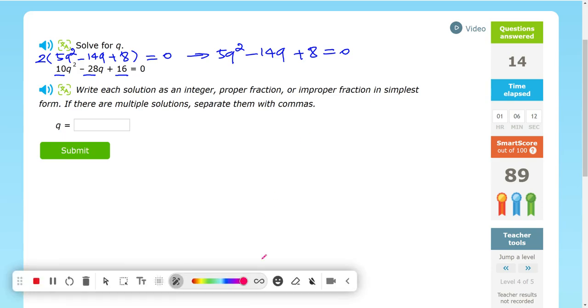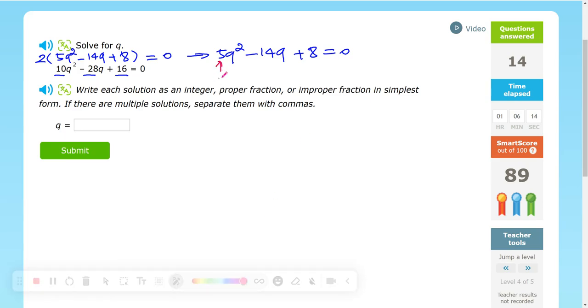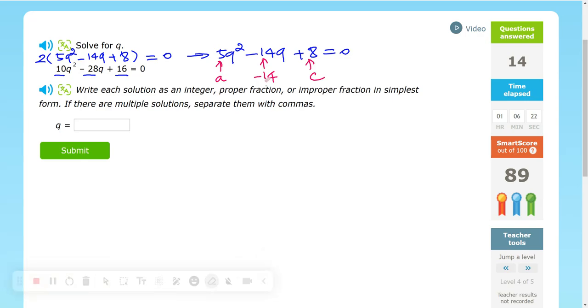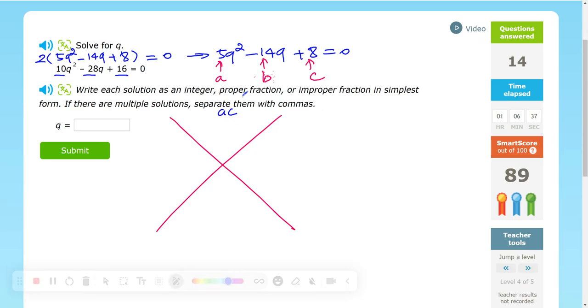So now you can see the A is number 5, the B equals negative 14, it's smaller, and then the C, this is the B, okay. So the B is negative 14. So now you can do a diamond, here we go, diamond, okay. On top of the diamond, again, it's A times C, okay.